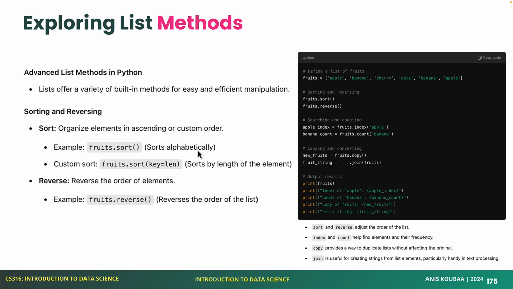By default, if you put a list of strings, it's going to consider the alphabetical order, but you can specify the comparison criteria, key equals length. This is going to sort by using the length of the elements instead of the alphabetical order. You can also reverse the elements, fruit.reverse.